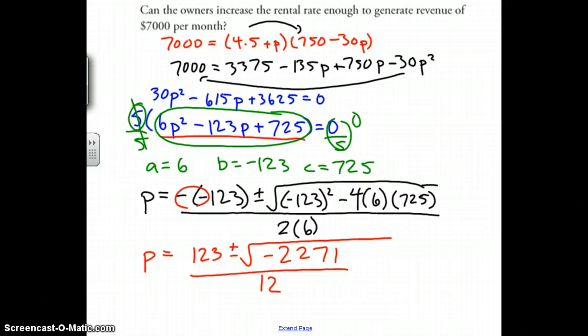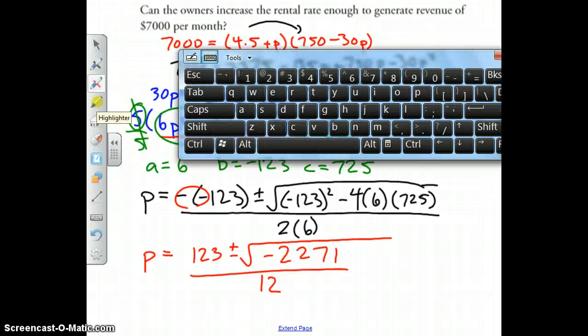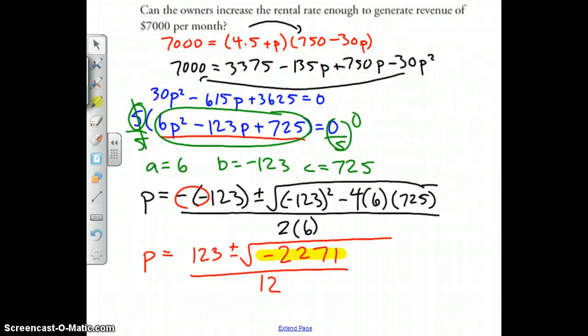Then we look at this, and we've kind of run into an issue. We have negative 2,271 under the square root. What does that tell us? Can we take the square root of a negative 2,271? Can we take the square root of a negative anything? No, we can't. So basically what this tells us is that there are no p-values that answer this.